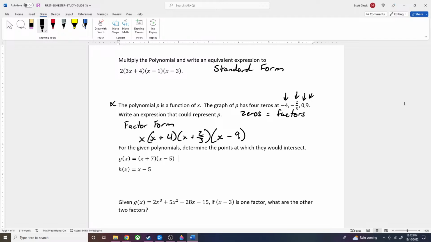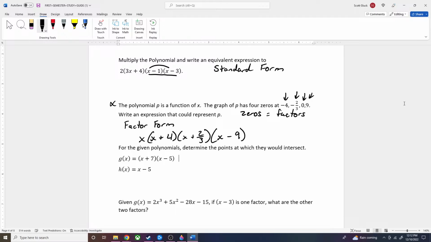What we're going to do is multiply two of these polynomials first. I'm going to pick x minus 1 and x minus 3 because multiplying them together seems easier than trying to multiply any of them times 3x plus 4.